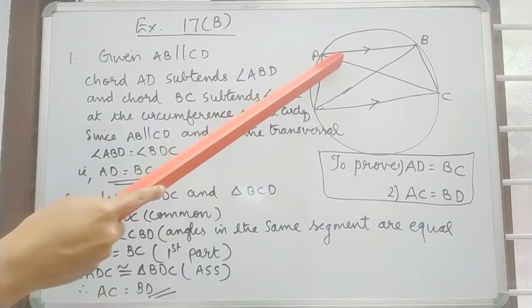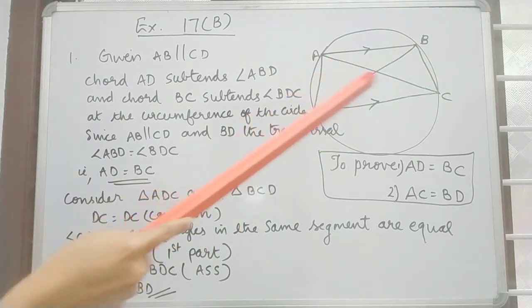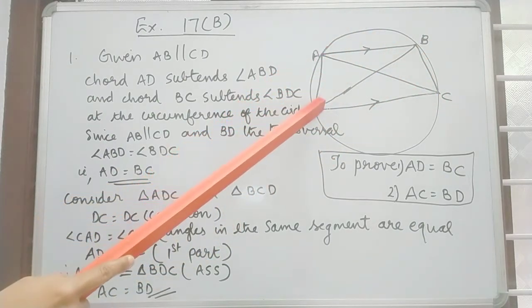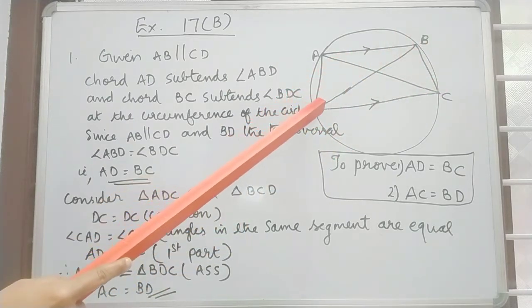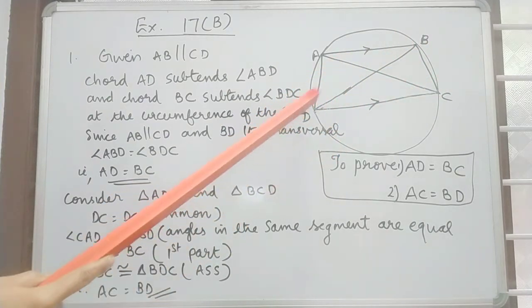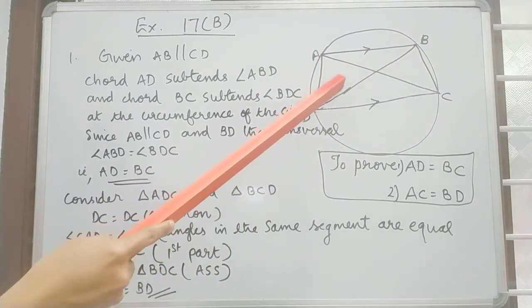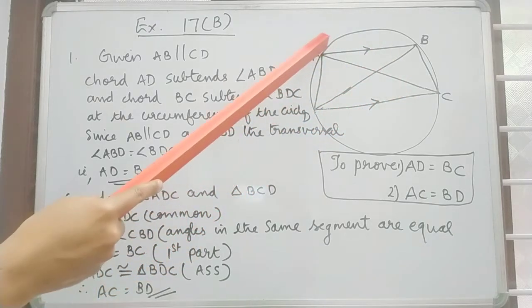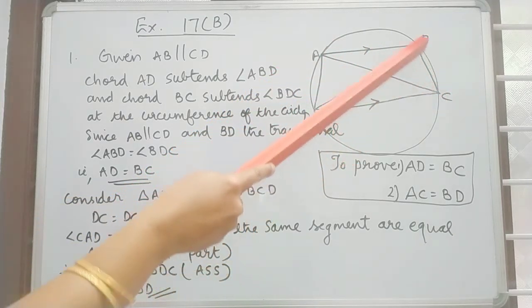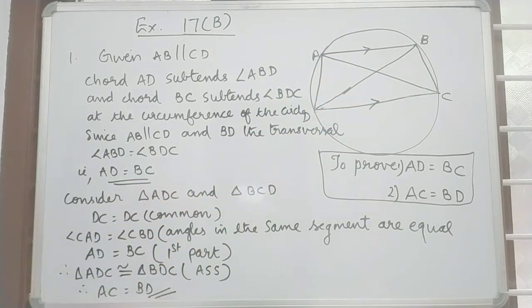So AD is equal to BC, angle CAD is equal to angle CBD, and CD is equal. So these two triangles are congruent. So we can say that AC will be equal to BD. The third side will also be equal.